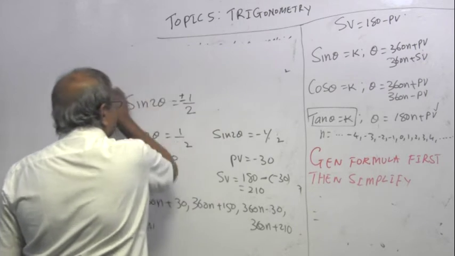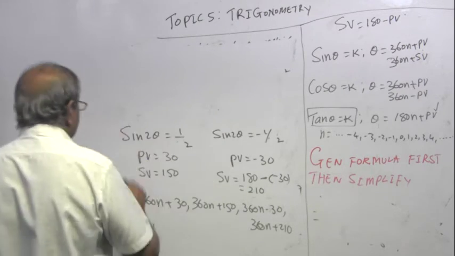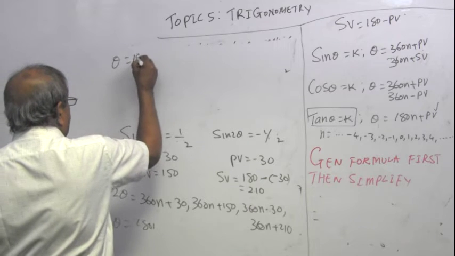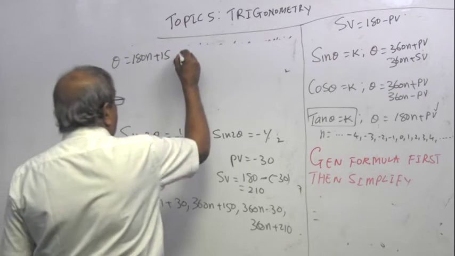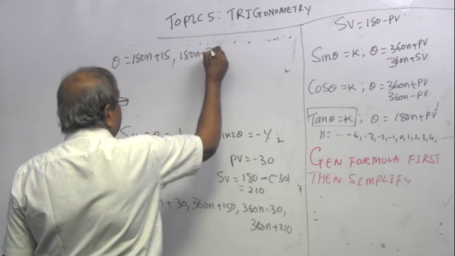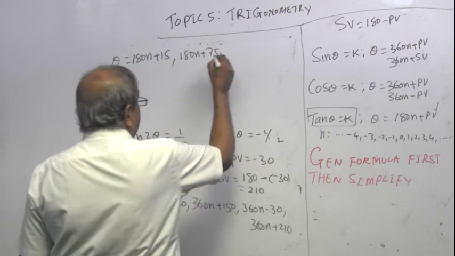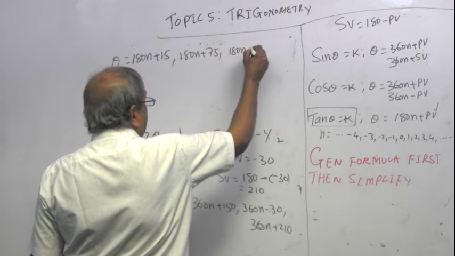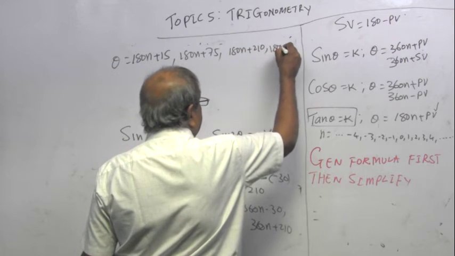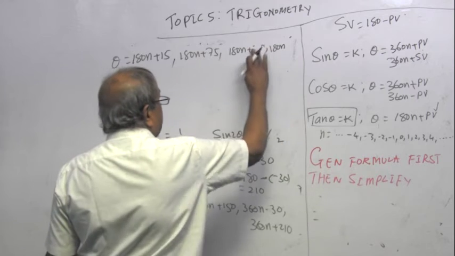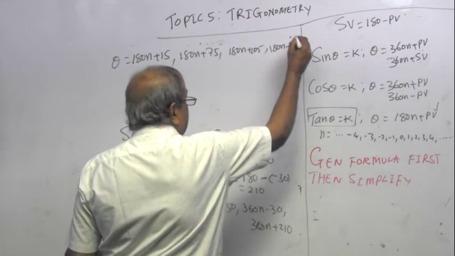A simple question, one square root and double angle makes so much work. So θ is equal to 180n plus 15, 180n plus 75. I will put the negative in the end. 180n plus 105, 180n minus 15.